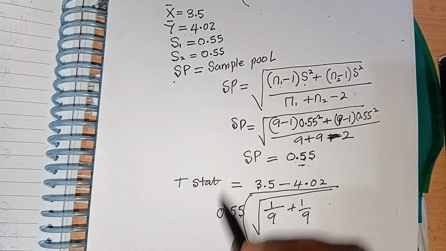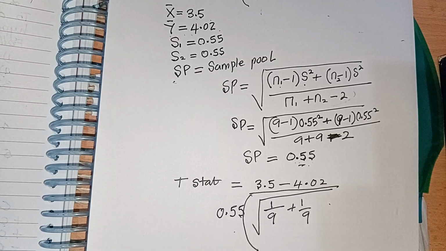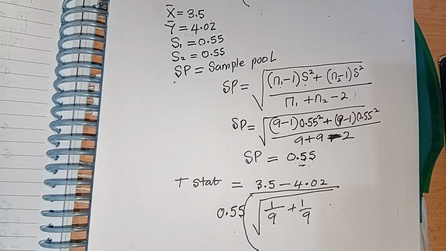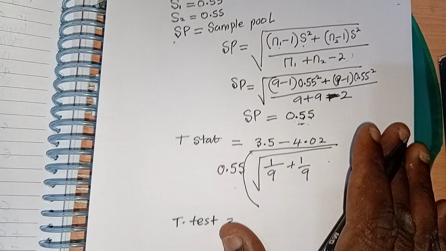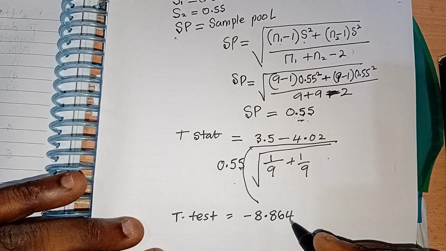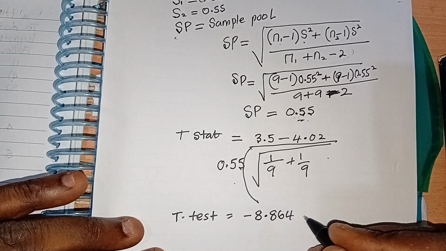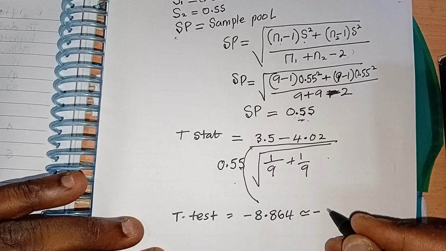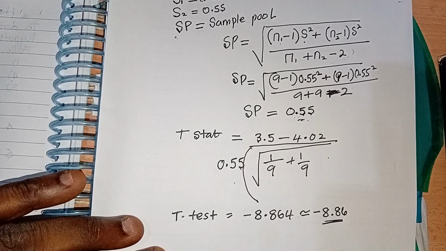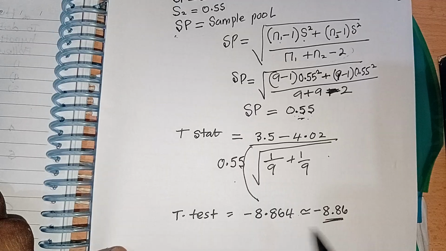When you manipulate this, our t-test will be equal to minus 8.864. You can approximate it to be minus 8.86.